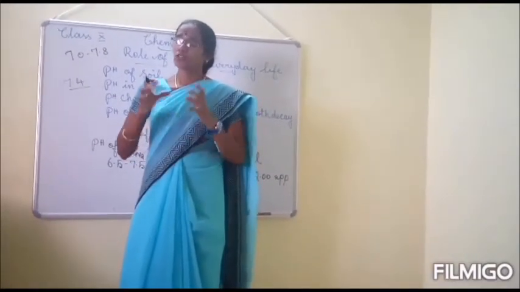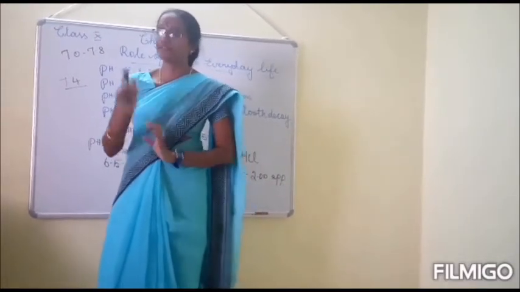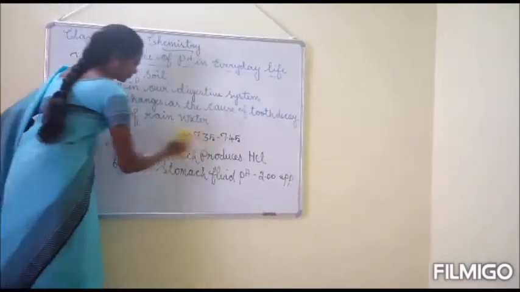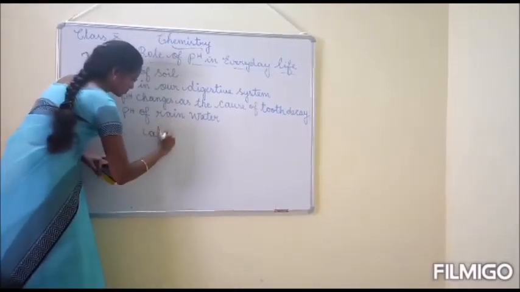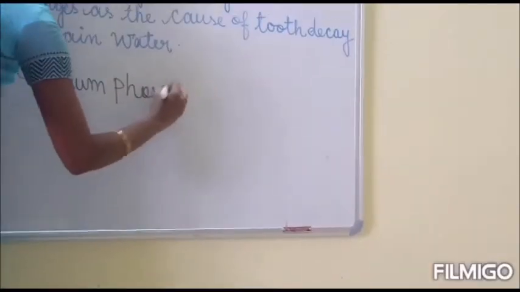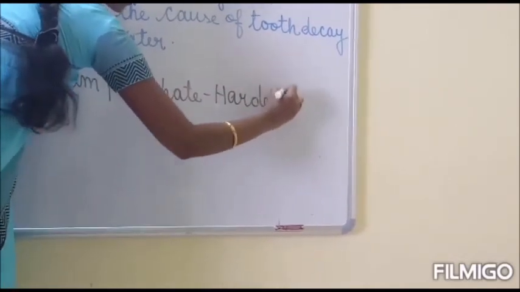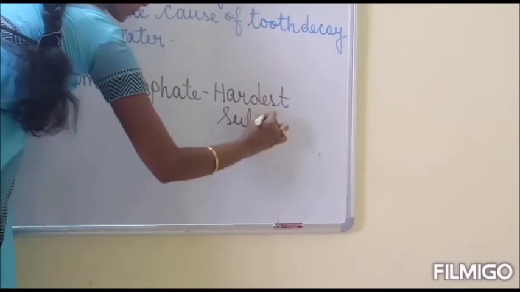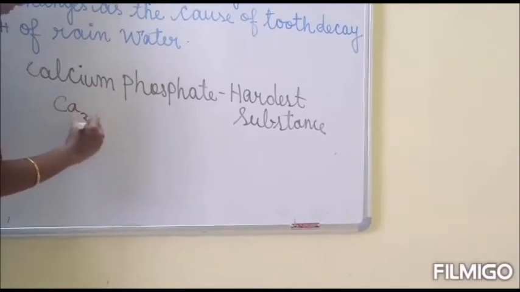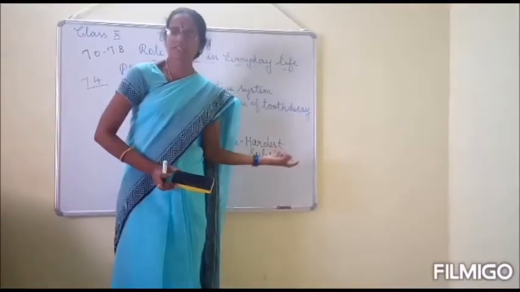Calcium phosphate is the hardest substance in the body.